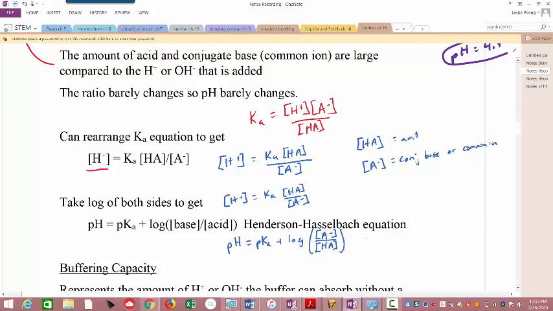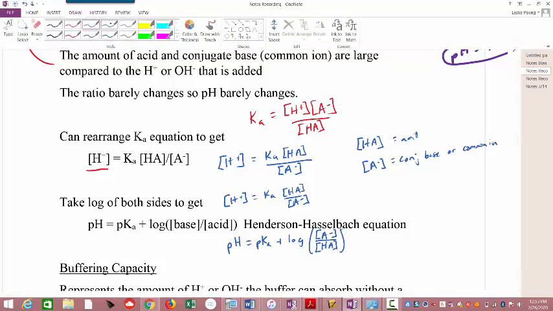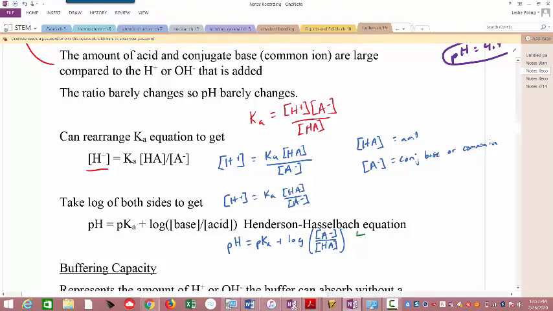Okay? And so those concentrations can be just the buffer, therefore before adding acid or base.